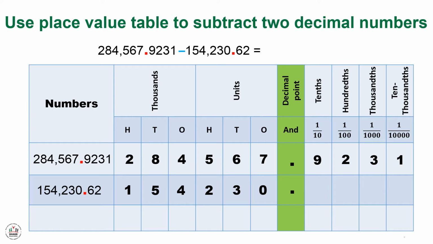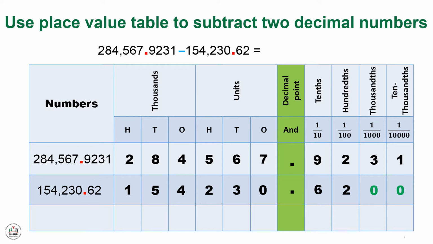But to the right of the decimal point, we put 6 below 9 in the 10th digit and 2 below 2 in the 100th digit. Then we put zeros in the empty places. So we put 0 below 3 in the 1000th digit and 0 below 1 in the 10,000th digit.